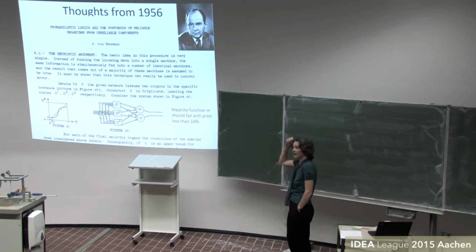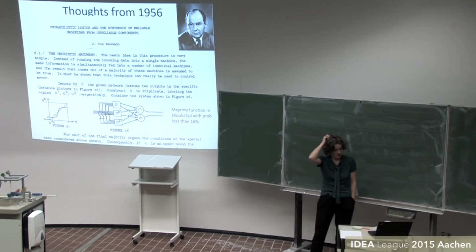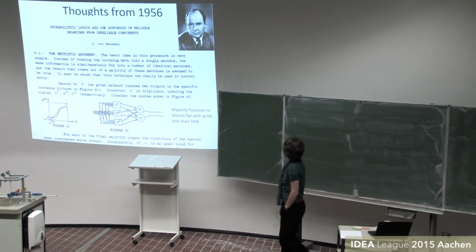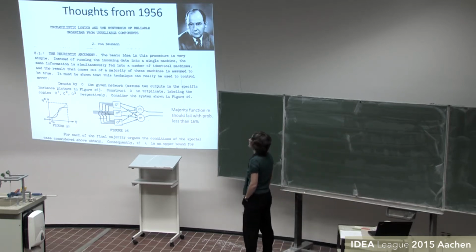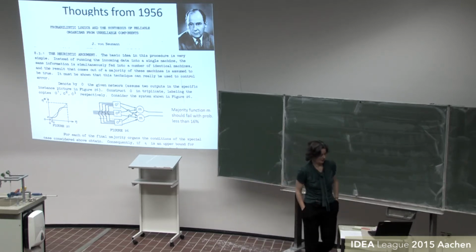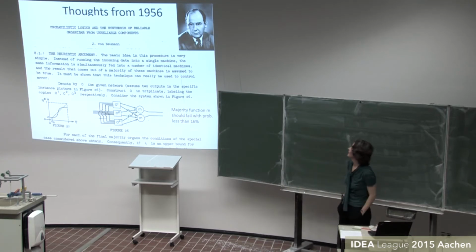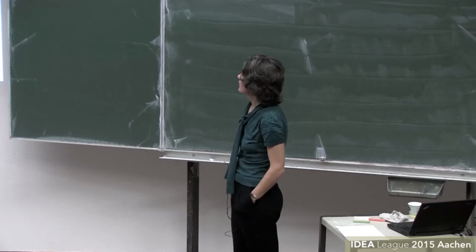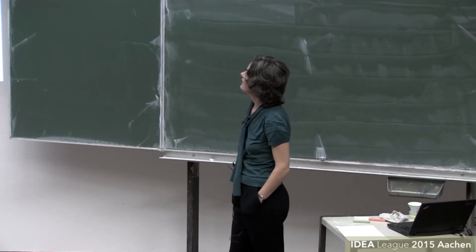But von Neumann asked himself a question, I think, primarily about biological systems. Because that we are full of failures and errors is more clear than if you talk about modern computers. So this is a paper from 1956.